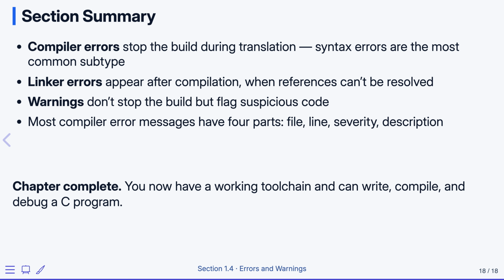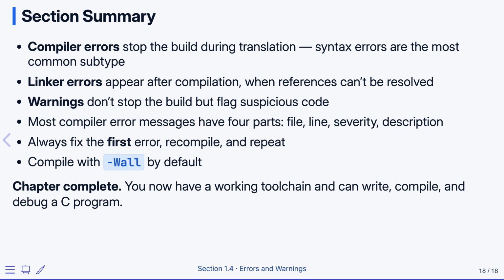Most compiler error messages have 4 parts: file, line, severity, and description. Always fix the first error, then recompile. And compile with -Wall by default. That completes chapter 1. You now have a working toolchain, and you can write, compile, and debug a C program.